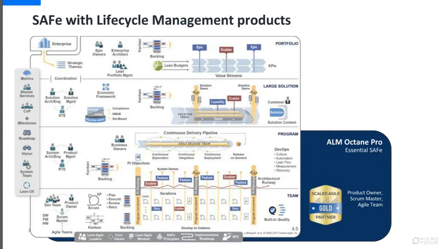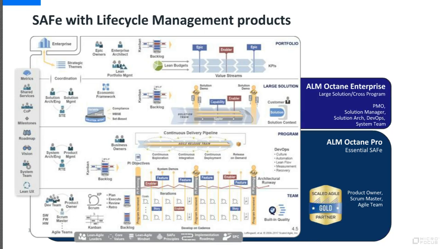In terms of the alignment to SAFe, ALM Octane Pro is pretty much aligned with the program level with Safe Essentials that was declared in Safe 4.5. As you go into the large solution level and you manage large solutions, you would probably need ALM Octane Enterprise that will allow you to manage those large epics or features or capabilities that span across programs.